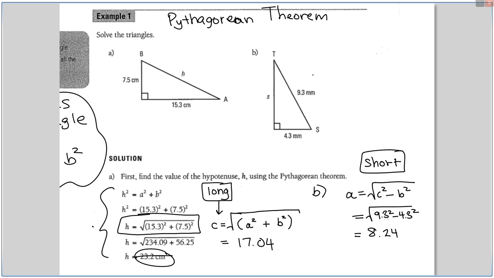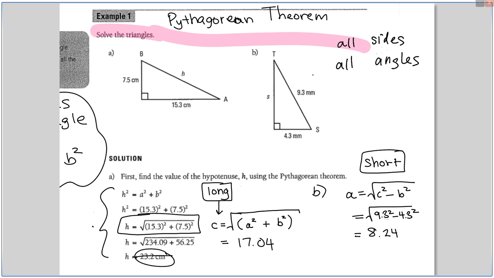Okay. If you look at example 1, it says solve the triangles. Does everybody see that? So what does it mean to solve a triangle? You need all sides, all angles.